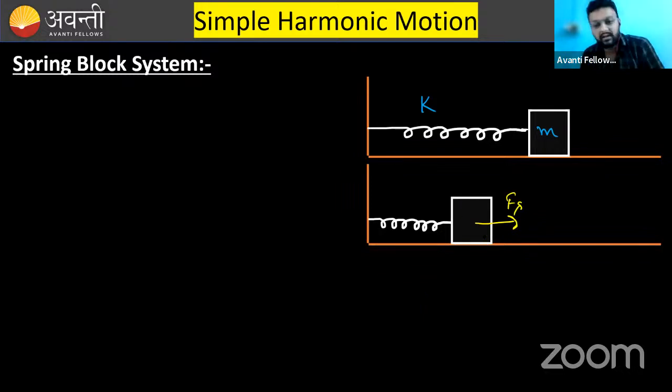And if spring force is in this direction, the block will have acceleration in the positive x direction. Can you see that when the spring was relaxed at this position, it had zero acceleration, because no force was there. When I compressed it, acceleration is created in the positive x direction.